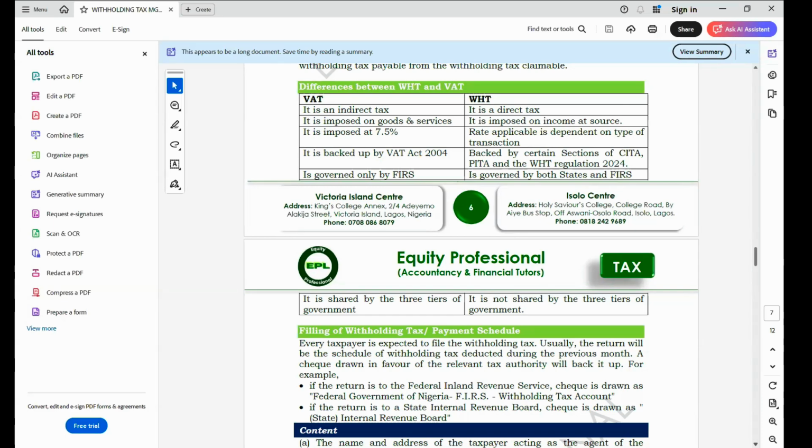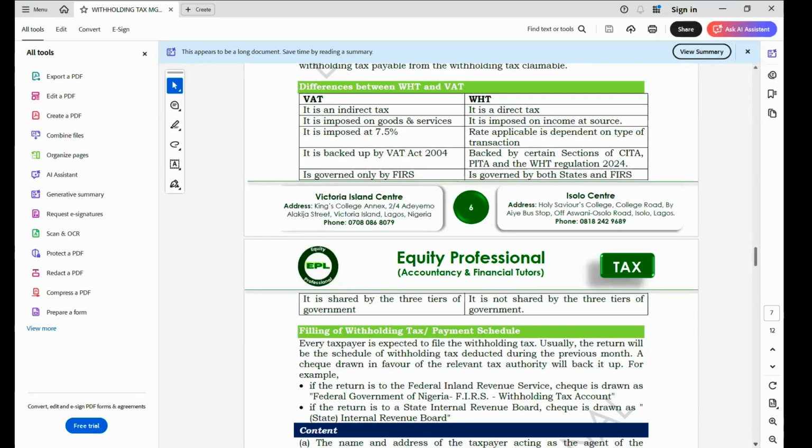As we all know, as an agent, if you deal with any transaction that attracts withholding tax, you are expected to deduct before payment is made to the beneficiary. So that amount you deduct, you are going to remit to the relevant tax authority.